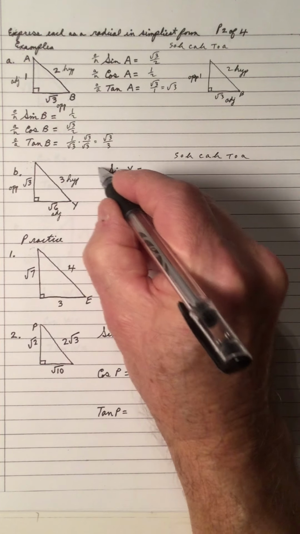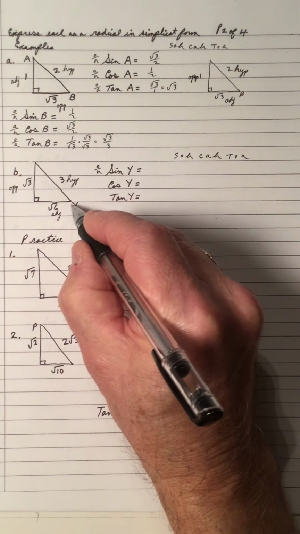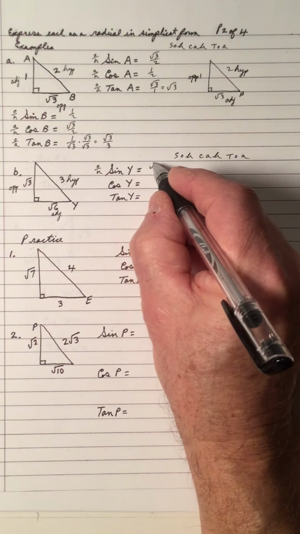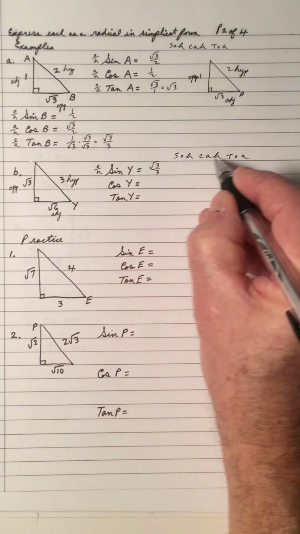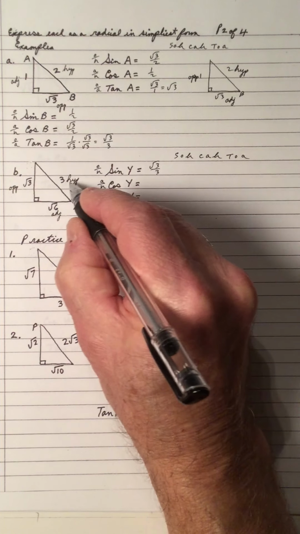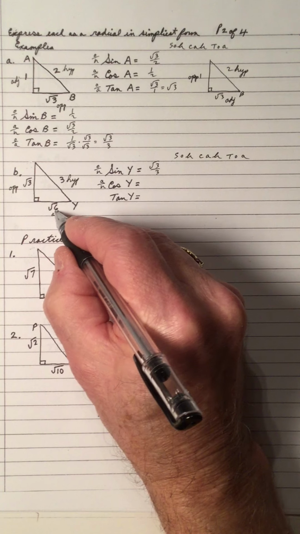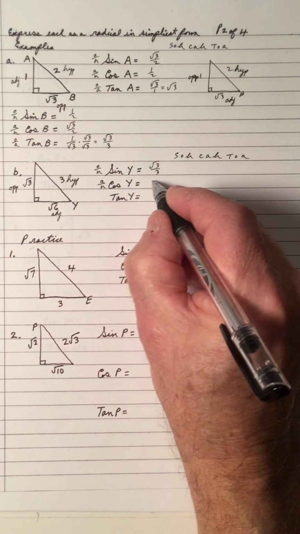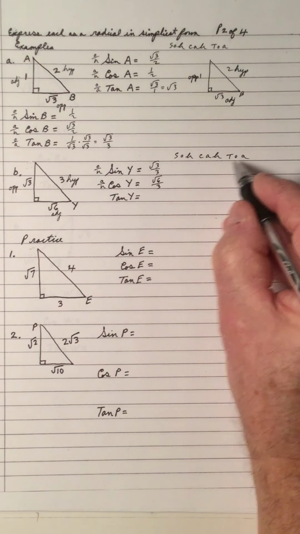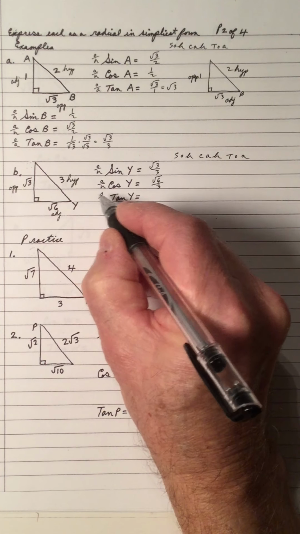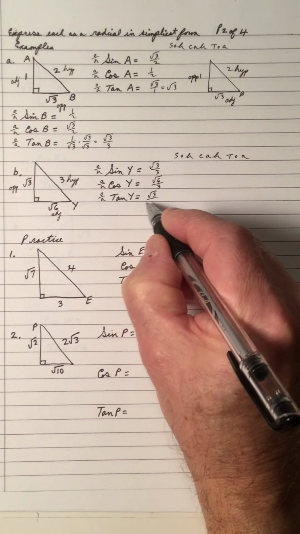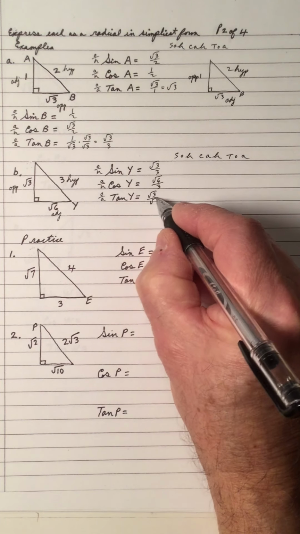Sine is opposite over hypotenuse: root 3 over 3. Cos is adjacent over hypotenuse: root 6 over 3. And tan is opposite over adjacent, so root 3 divided by root 6.